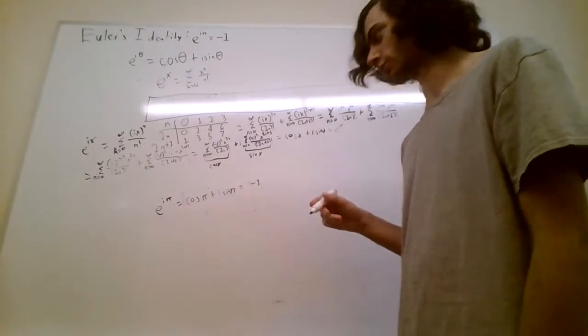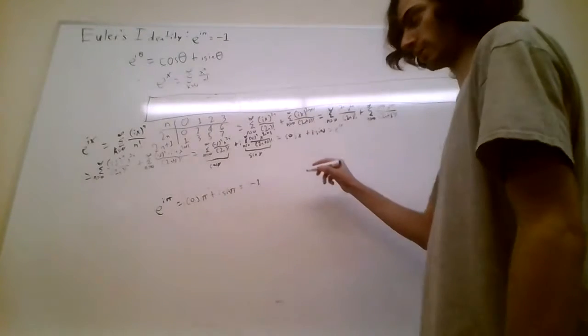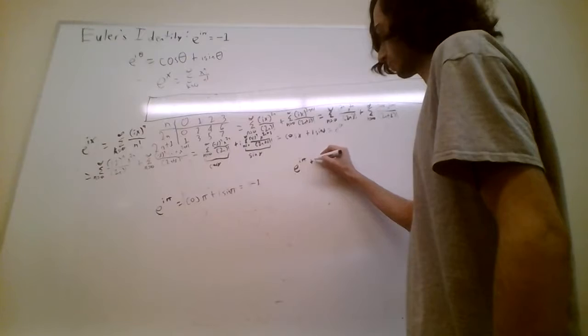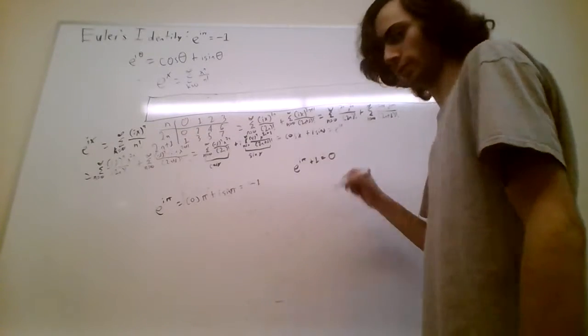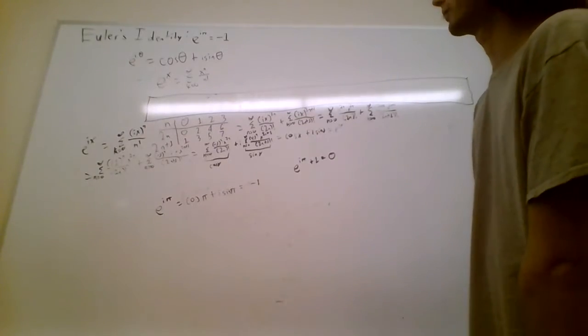Sine of pi is 0, so e to the i pi is equal to -1. Sometimes you might see this written out as e to the i pi plus 1 equals 0, but it's the same thing. So that's about it.